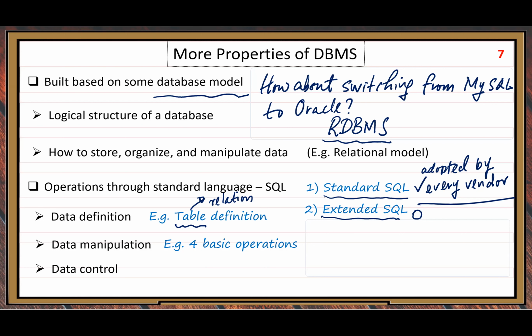And other than the above two things, data control is also important. So what is data control? Granting privileges to specified users. Different users need different levels of permissions.